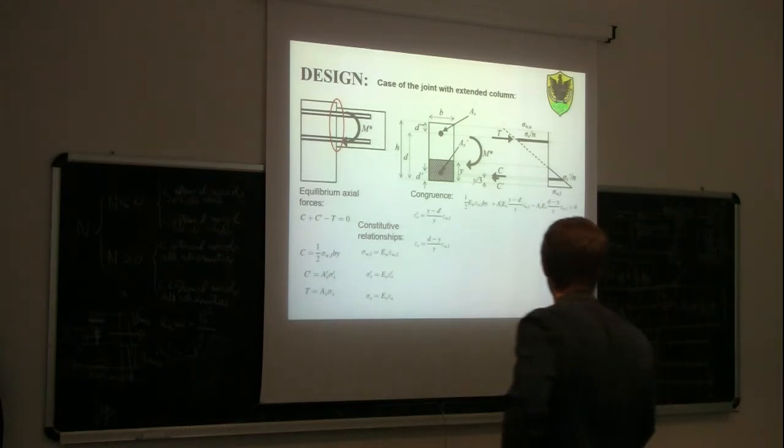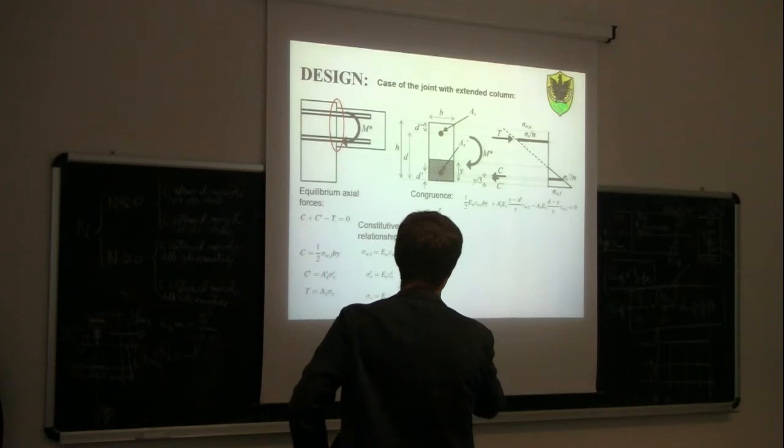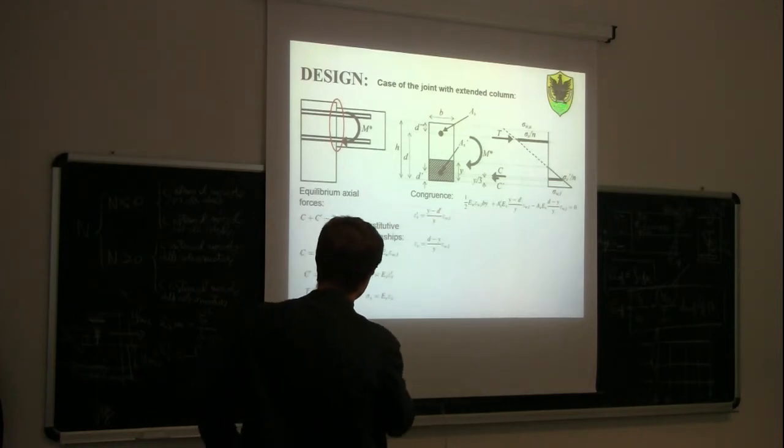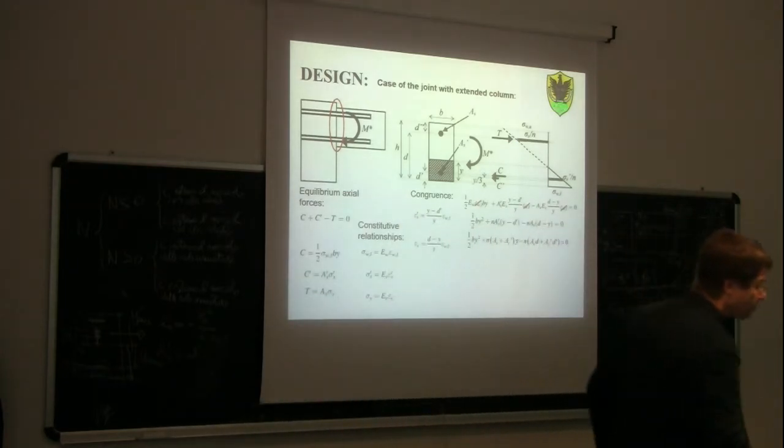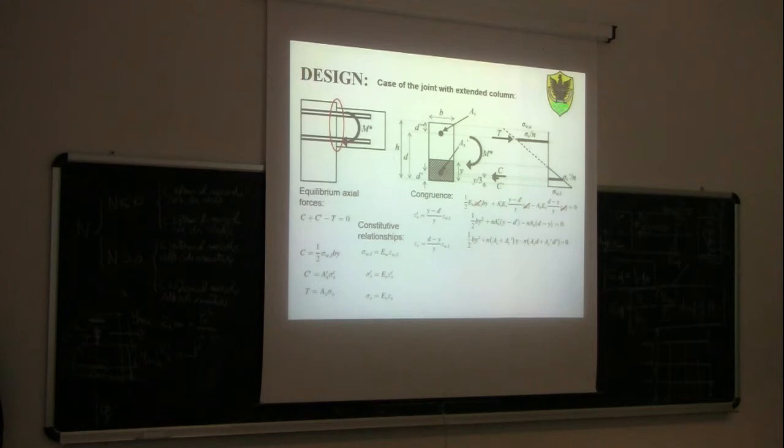And then of course when you replace epsilon s prime in the discontinuity equation with the congruence, and then this one in the other equation, at the end you get a second degree equation, the same that we were using in reinforced concrete design to find the position of the neutral axis. And from that we have only one solution which has physical sense, the one with the plus rather than the minus. And then the Navier formula can be used to calculate the sigma.